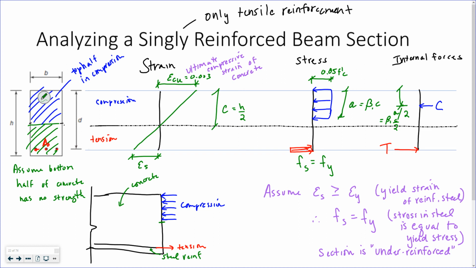Right, you're just taking half of that stress block to locate the centroid of the stress. So then if you're taking the moment, you just need to know the distance between the two forces, right? The moment arm. That's it.